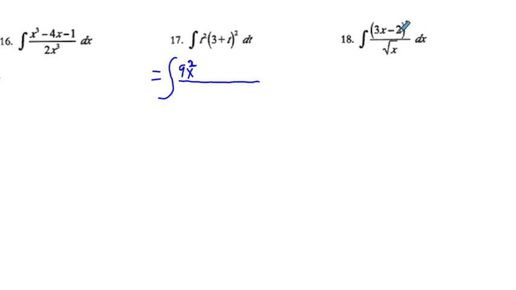And then we have 2 times the first and the last. Well, negative 2 times 3x is negative 6x, times 2 is going to be minus 12x. And then we have plus 2 squared, which is 4. And we're dividing all this by square root of x, or we'll rewrite square root of x as x to the 1/2 power. And so all this becomes dx.